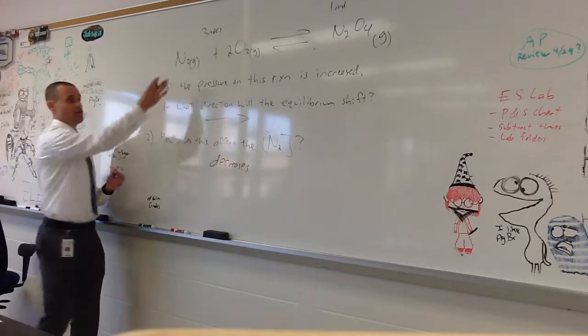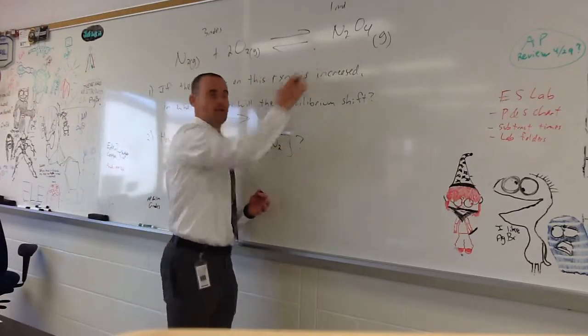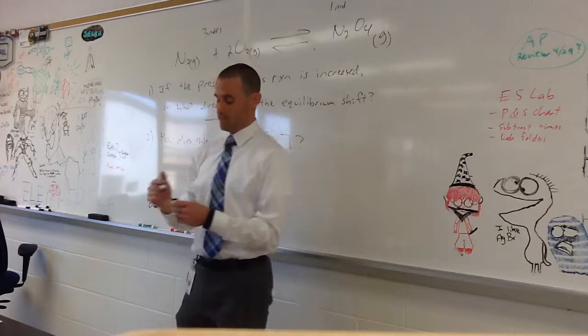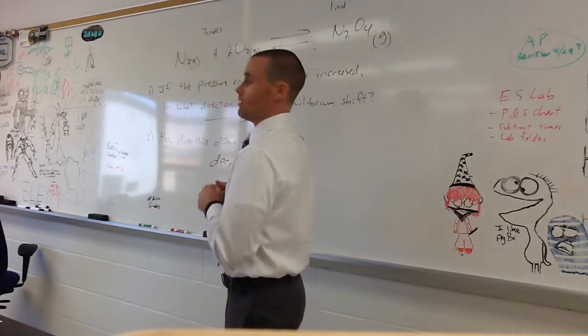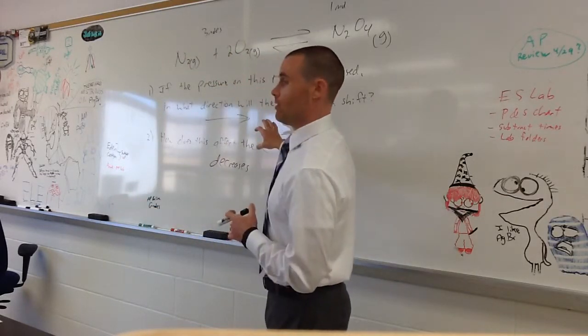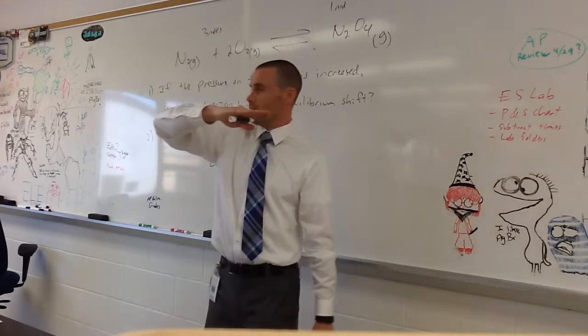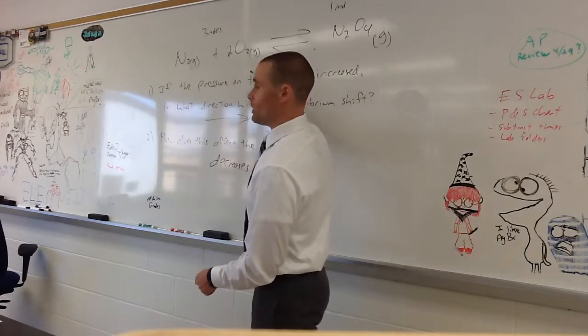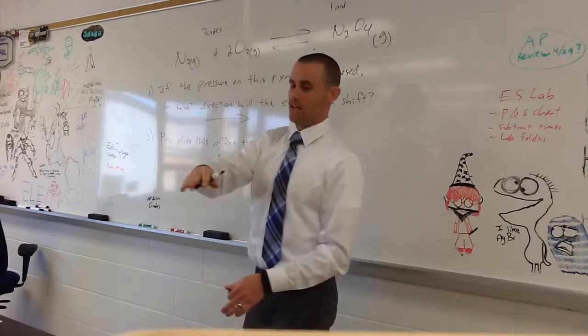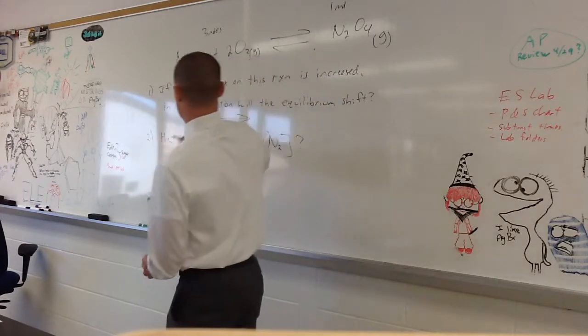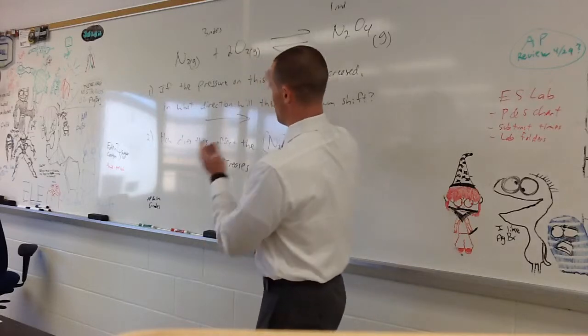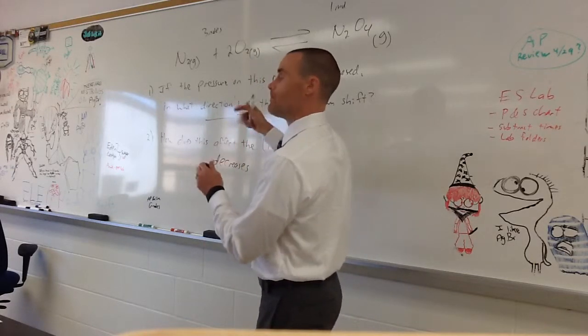We have to use the reactants to make the products. So when you use up your reactants, which part? Number 1 or number 2 or both? Number 2. So right now it's balanced, but when you put pressure on it, it gets all screwed up.